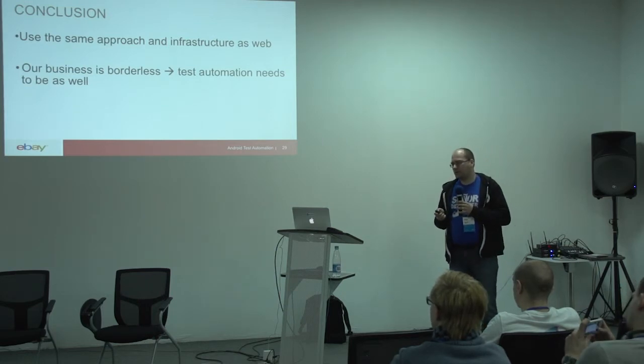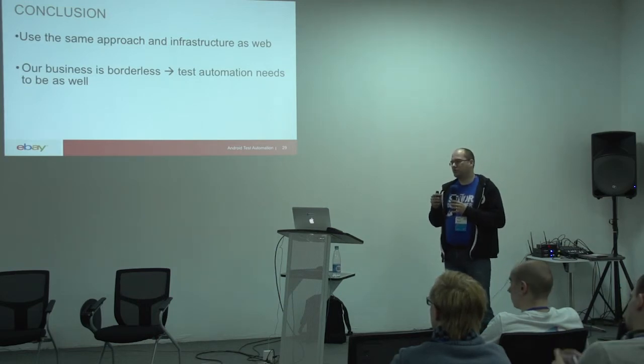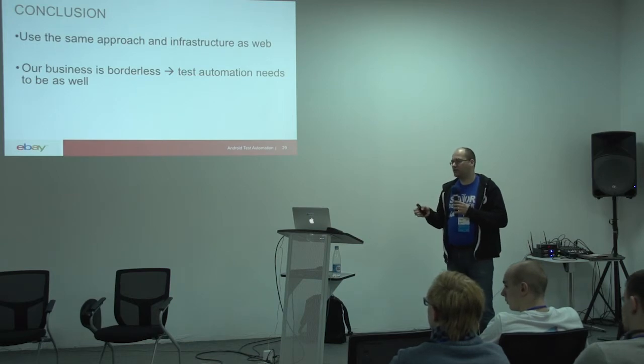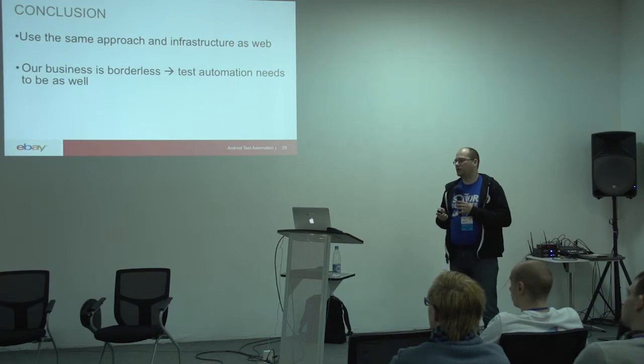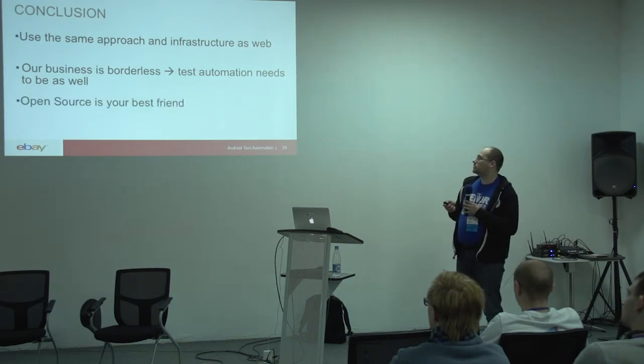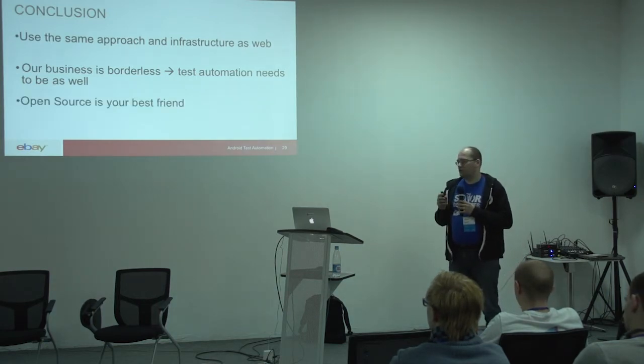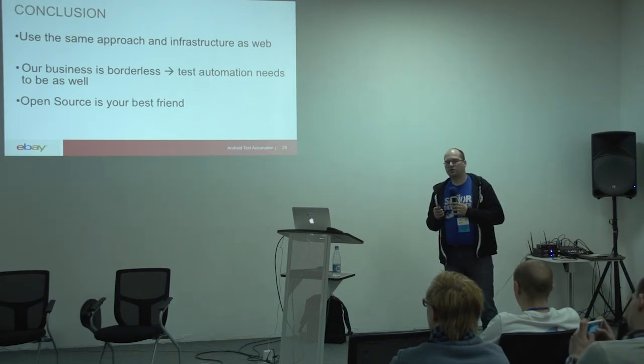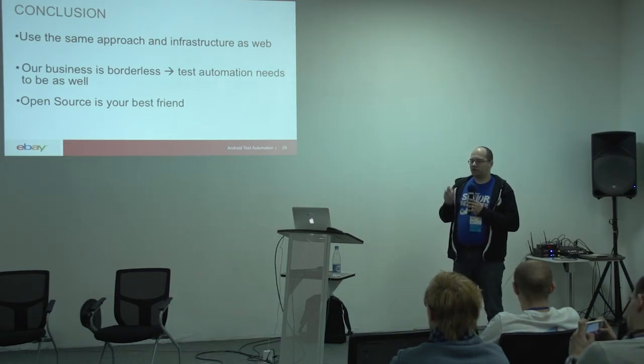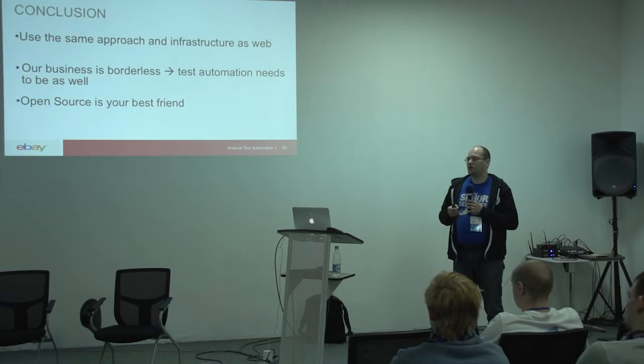Yeah, for us, it's really important that our business is really borderless. It's going from platform to platform, and in the test automation field, we need to be borderless as well. And we really think open source is really important. So the frameworks iOS driver and also Selenium, they are both open sourced, and that also means that we don't have an internal version.